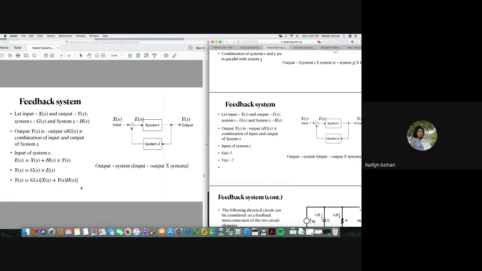The equation: GS here is system 1, and system 2 is HS. YS is ES and GS. And then YS, this one, we get from here. ES we put in this one.